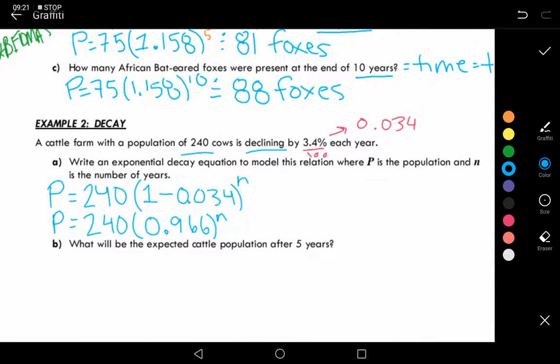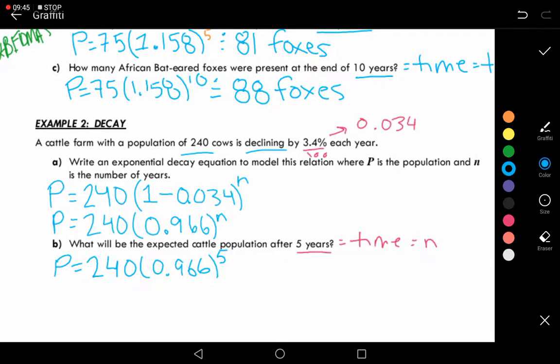Okay, so the question asks us, what will be the expected cattle population after 5 years? So again, it's giving us a time period, right? Which is our n value. So all we have to do is sub that value into our equation and solve. So everything remains the same except our n is now 5.